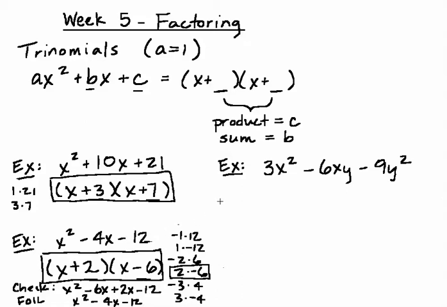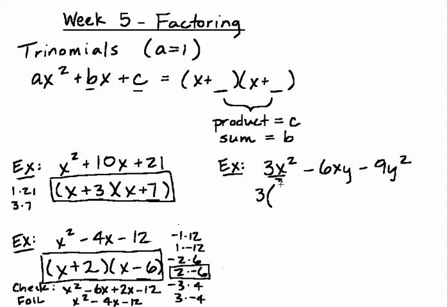And then in our last example, we notice this one looks a little different because there is a number in front of the x squared. So the first thing you always want to do is check to see if there is a GCF, a greatest common factor. The greatest common factor between 3x squared, 6xy, and 9y squared is a 3.